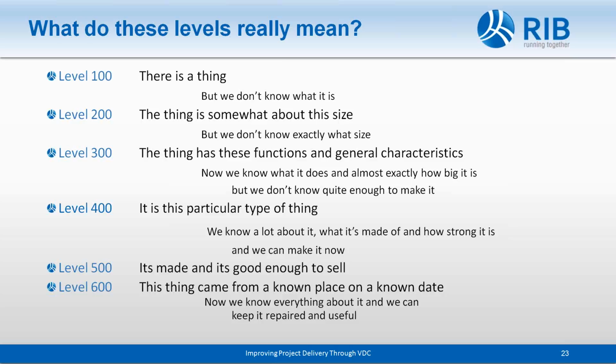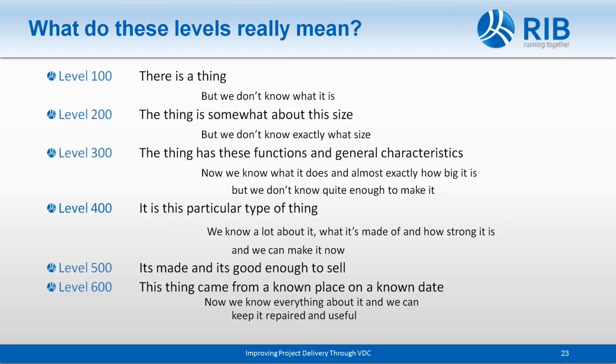Here, let's talk again to get an idea about these various levels. Level 100, at that point, it's just a placeholder. There's a thing here, but we really don't know what it is. You just put this object in the model. It's there, but there's no definition for it yet.